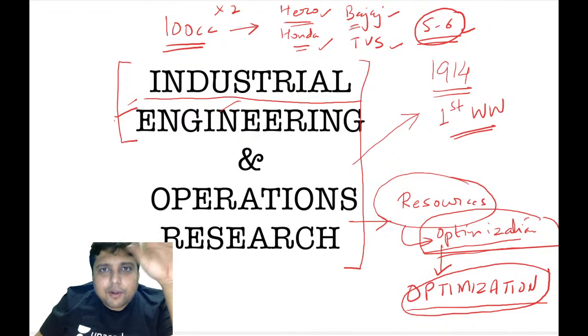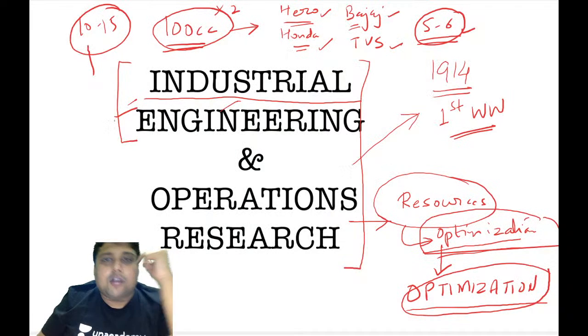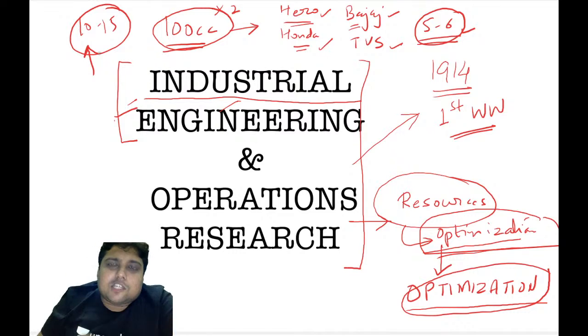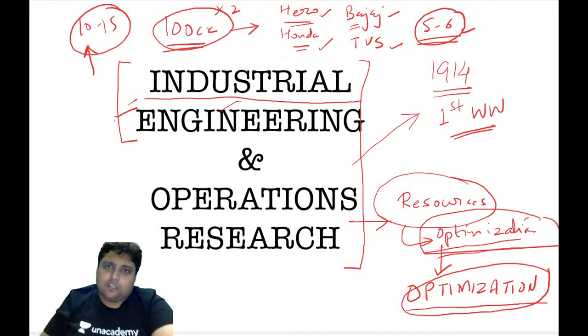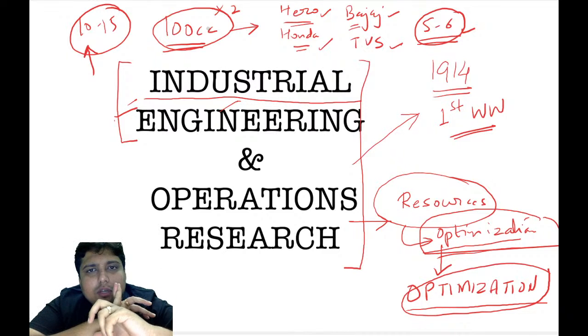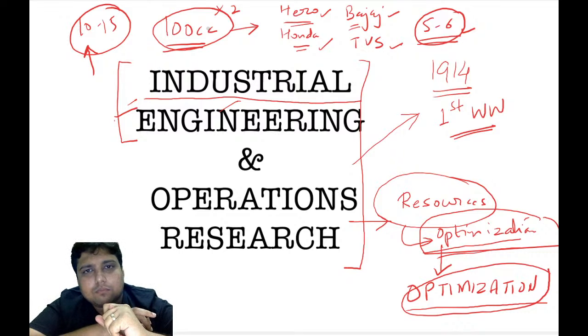But what I'm trying to say is that in this 100cc category alone, you have at least 10 to 15 options. A consumer can opt for any of them. And if you check these products, you will find that they are very similar in specifications. The mileage that these motorcycles provide is more or less the same.